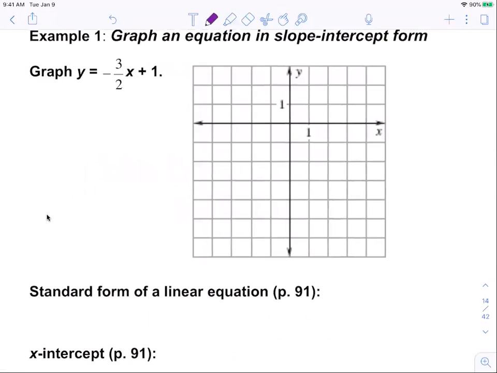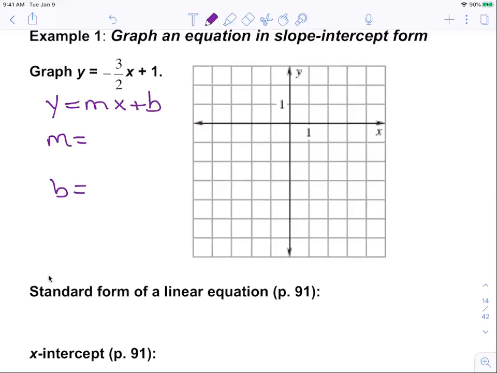So thinking about that process again, the first thing, it needs to be in slope-intercept form. Well, this one is y equals mx plus b already. If the y wasn't by itself, then I'd have to get y by itself by solving for y, isolating the y variable. The second thing that we need to do is think about what would be the slope and the y-intercept. Ella, what is the slope and the y-intercept of this equation?